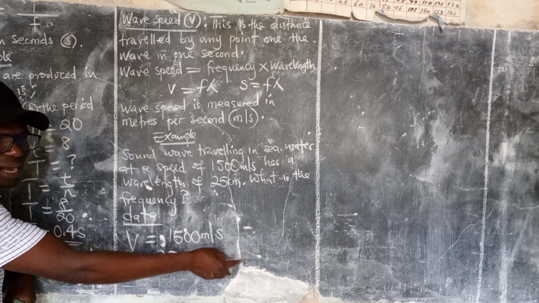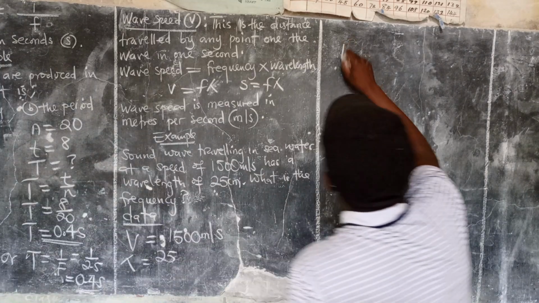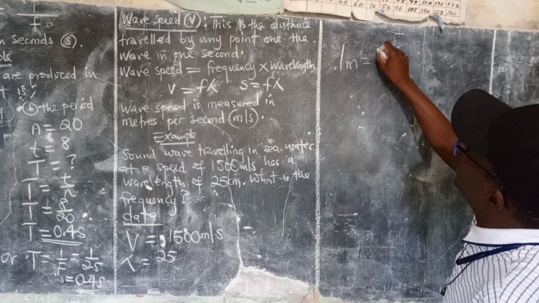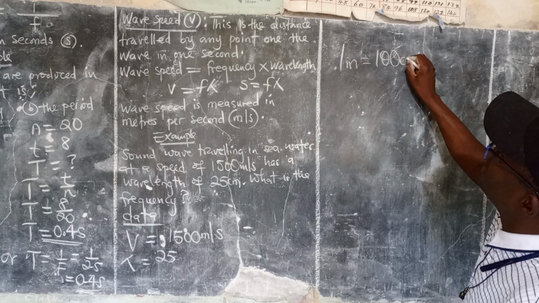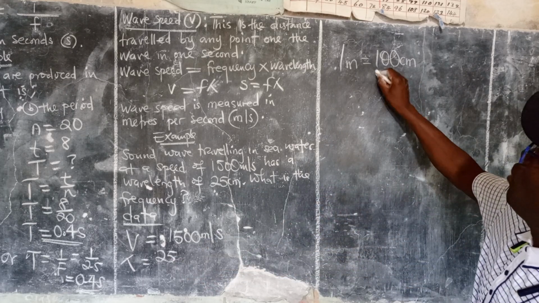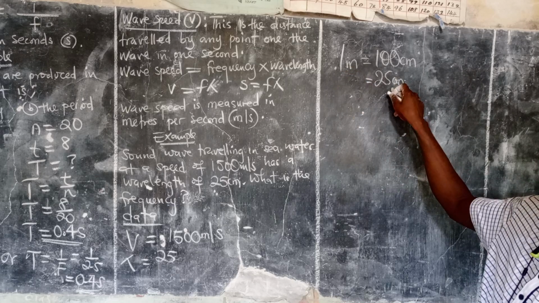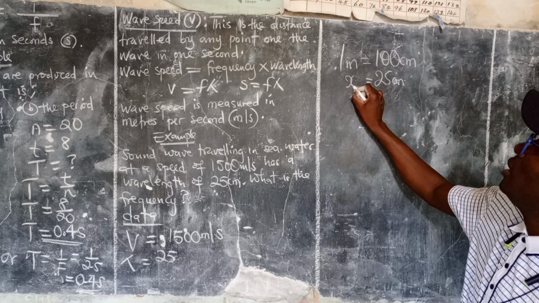Do I multiply by 100 or do I divide by 100? Divide. 1 meter is equivalent to 100 centimeters. What am I converting? 25 centimeters. Do you know how many meters are in 25 centimeters? No. You put X here.